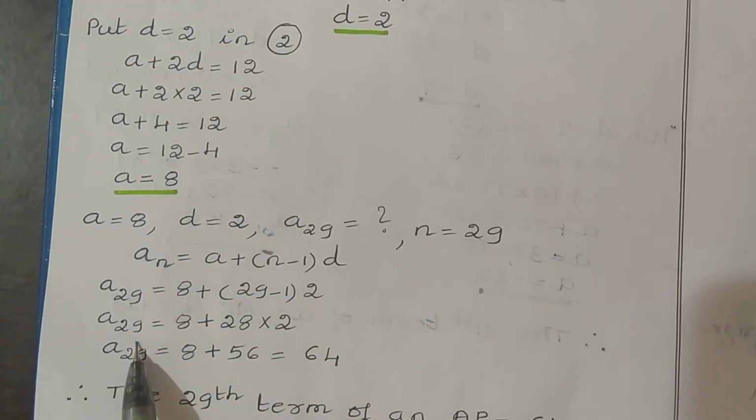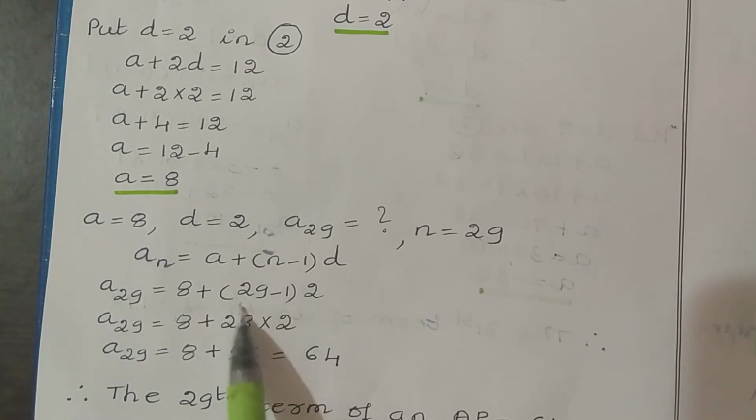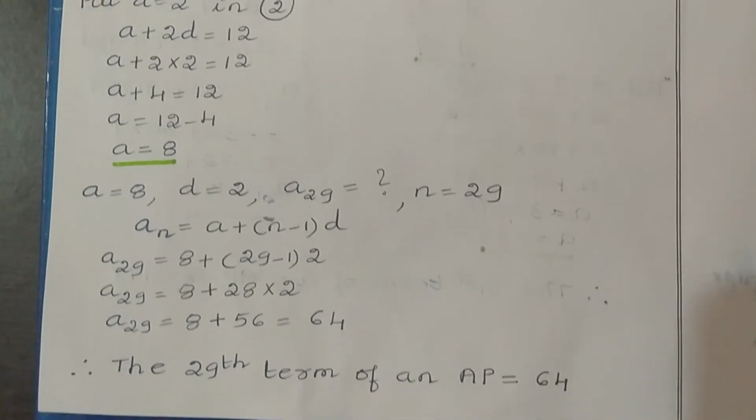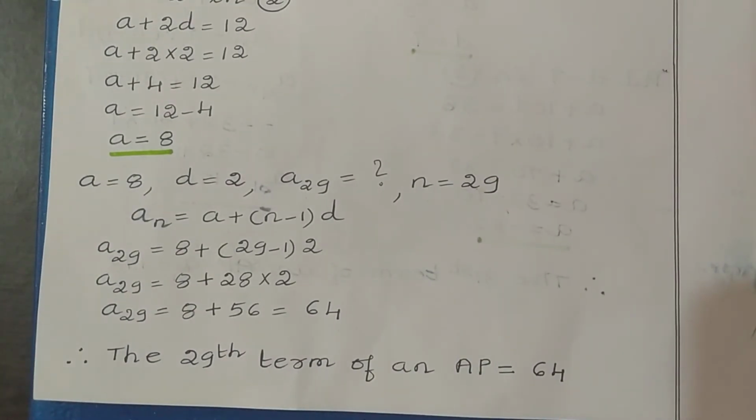So a29 is equal to 8 plus 28 into 2. So a29 is equal to 8 plus 56. So a29 is equal to 64. The 29th term of the arithmetic progression is 64.